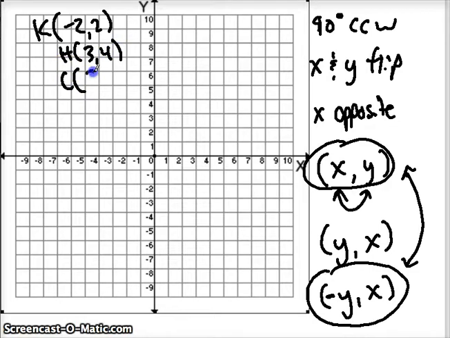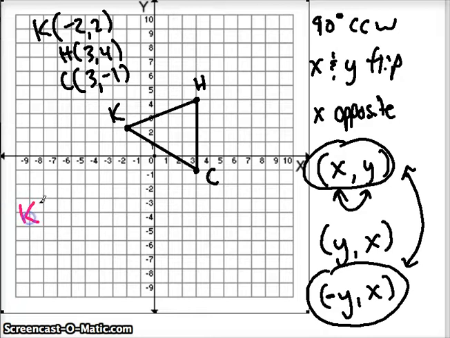And let's do C at 3, negative 1. So negative 2, 2 is right here. 3, 4 is right there, that's H. And 3, negative 1, that's C. And let's just make it a shape so we can see how it rotates.